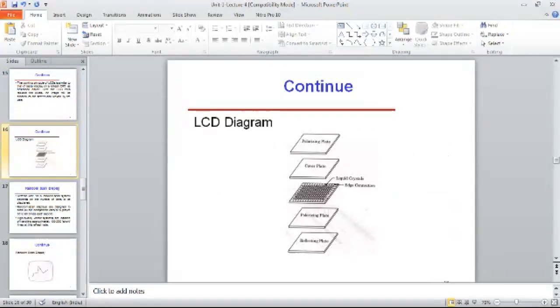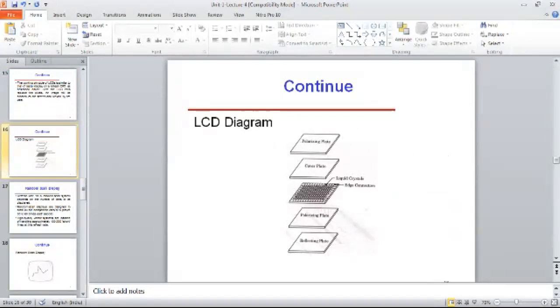Now this is the diagram for the liquid crystal display. Here we use the reflecting plate and then a polarizing plate, and in the center we use the liquid crystal material. Above that there is a covering plate called the cover plate, and again polarizing plates.